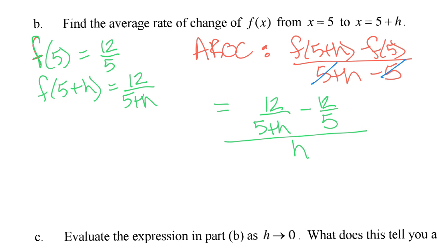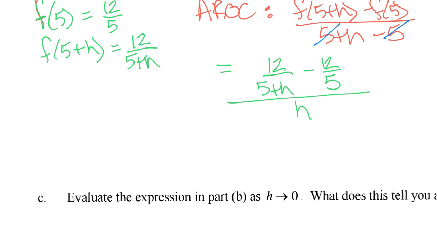And so I would cha-cha-cha here, get rid of that complex fraction. So let's bring it down here. So we're going to have 12 times 5 or 60. So I'm multiplying on this diagonal first, then lower left to upper right, and then the denominators.